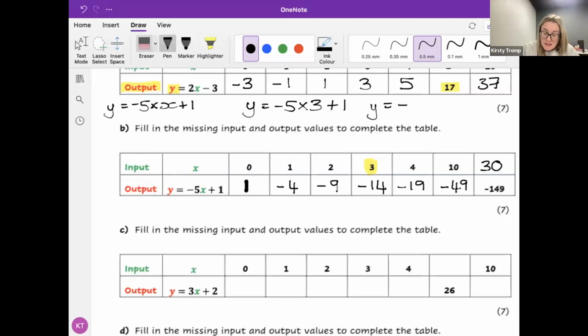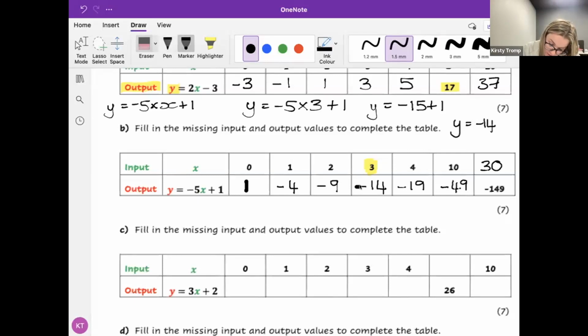And 5 times 3 gives me 15. And then I've got to say plus 1. Now, if you're still not sure about your integers, what do you need to do? What do I always tell you when you have negative numbers and you're adding or subtracting? Go and draw a number line. Negative 15 plus 1 is going to give you negative 14.